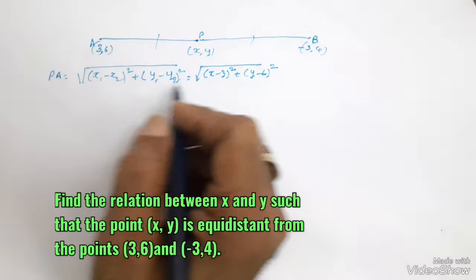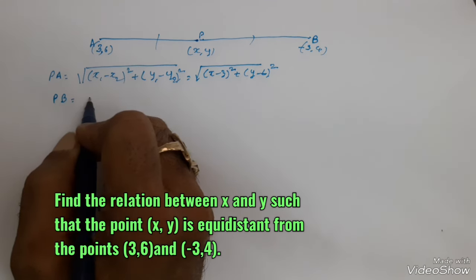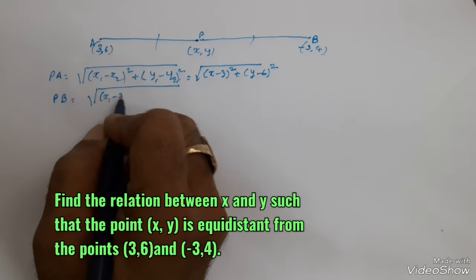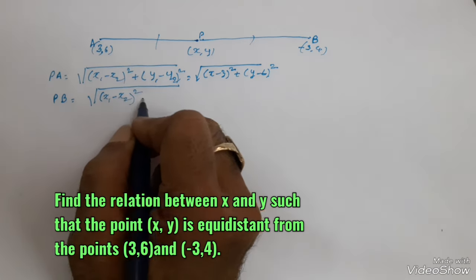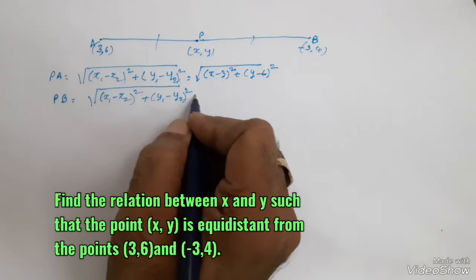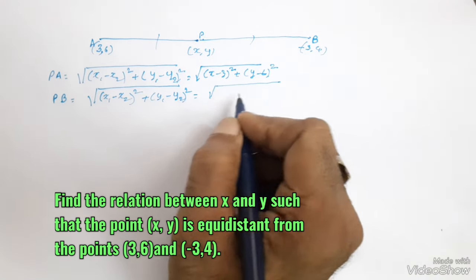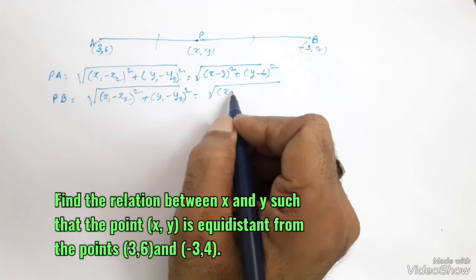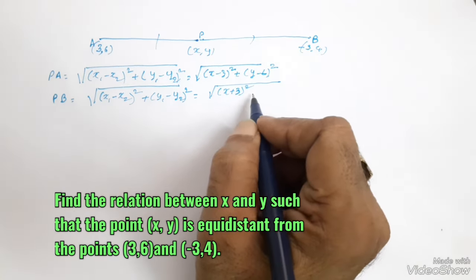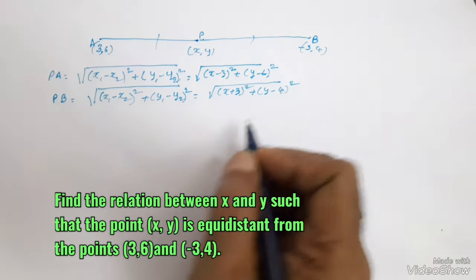Next, similarly, you find PB also. PB, again the same formula, (x1 minus x2) whole square plus (y1 minus y2) whole square. Then we get (x plus 3) whole square, since here it is minus minus, plus (y minus 4) whole square.